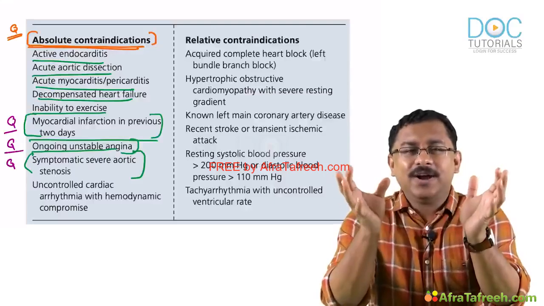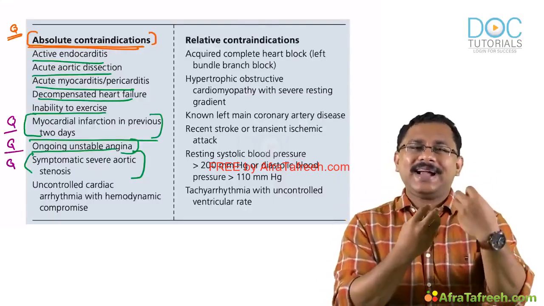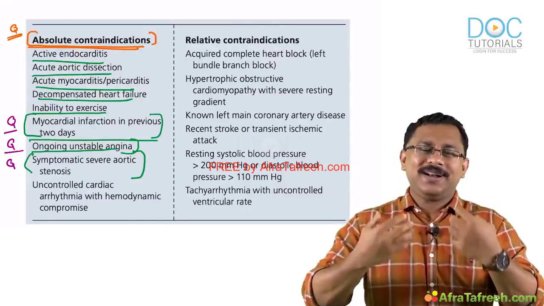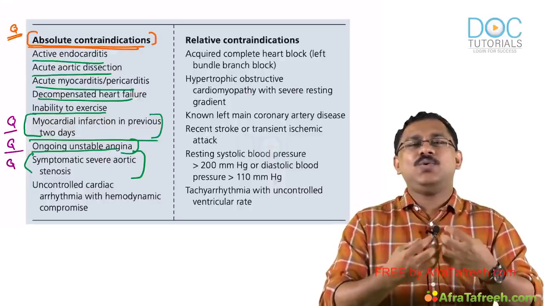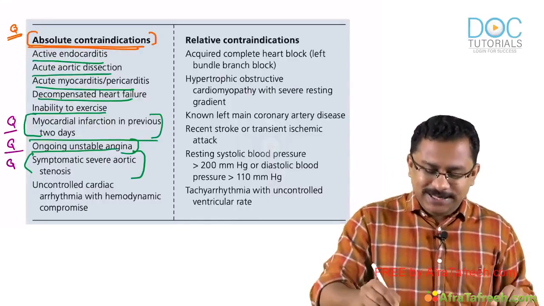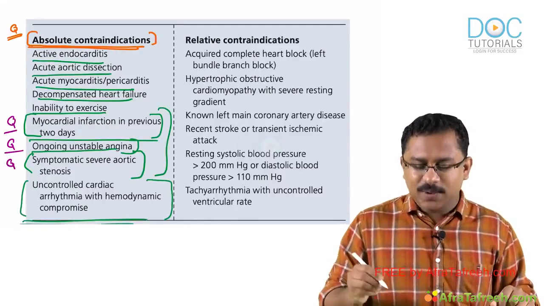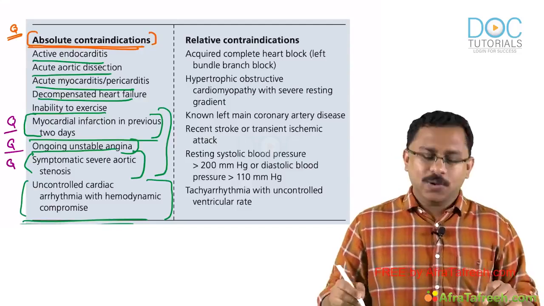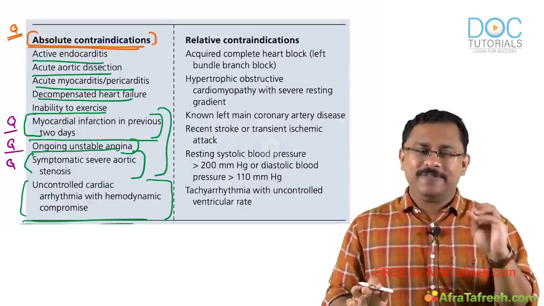But in severe aortic stenosis, where there is a low fixed cardiac output, when you perform the treadmill test, you will not be able to cope with the increased myocardial oxygen demand. So these three are especially important, and also uncontrolled cardiac arrhythmia with hemodynamic compromise. So absolute contraindications of treadmill test, you should be very thorough.